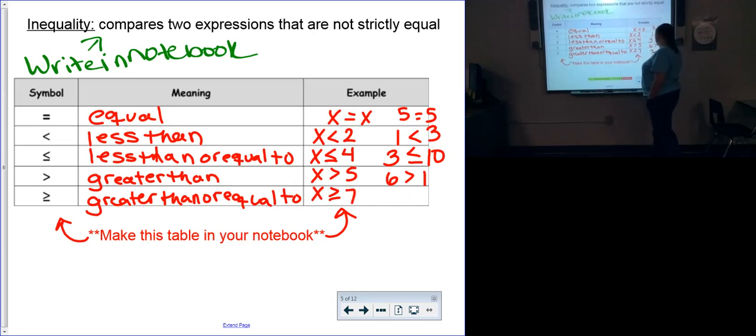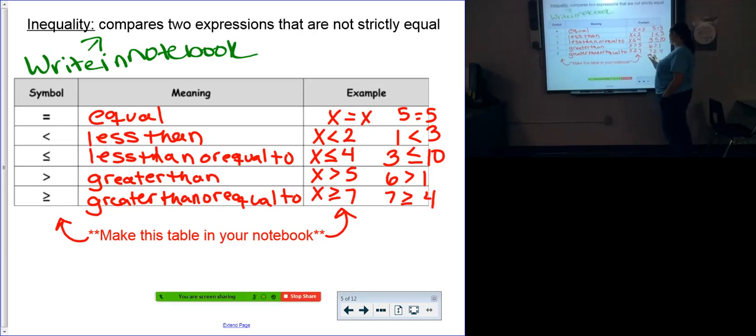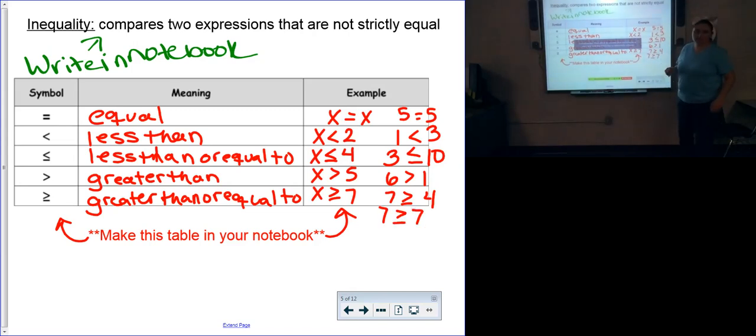And I can have 7 is greater than or equal to 4. Now, for these ones that could be equal to, I could also have 7 is greater than or equal to 7 as a possibility. All right? So, pause the video. Make sure you have this entire table written in your notebook.